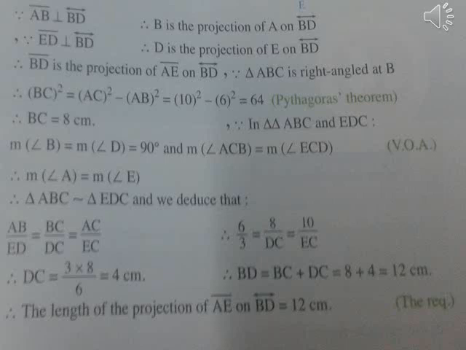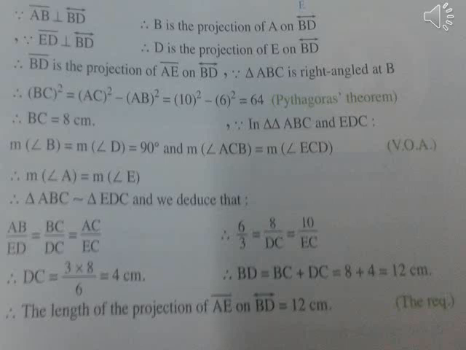EB over ED equals BC over DC equals EC over AC. Therefore, 6 over 3 equals 8 over DC equals 10 over AC. Therefore, DC equals 3 times 8 over 6 equals 4 cm.